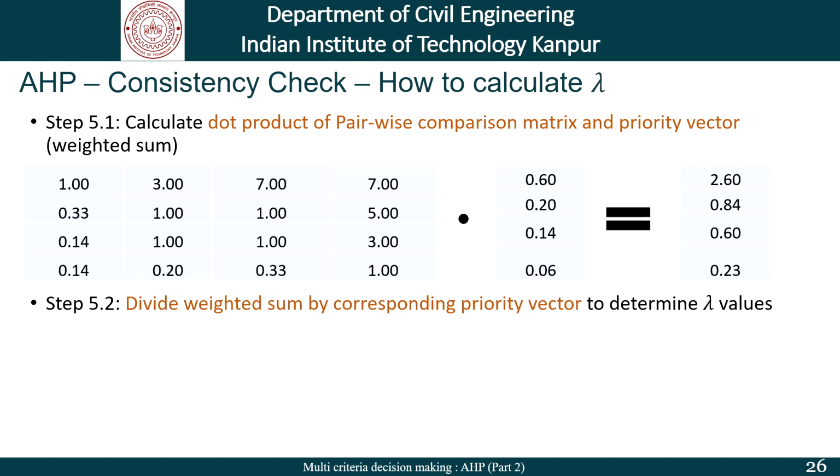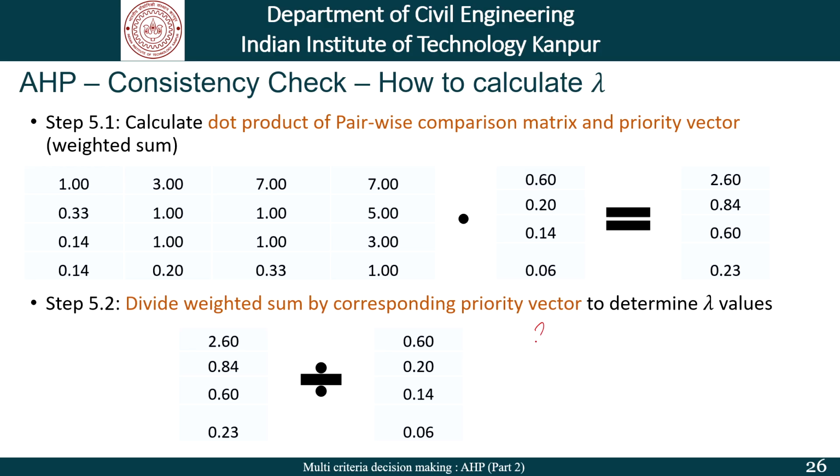Now, as discussed, the next step is to divide these weighted sums by the corresponding priority vector. So, we write all the weighted sums here and divide them by the priority vector under consideration. Here we are just dividing corresponding values.